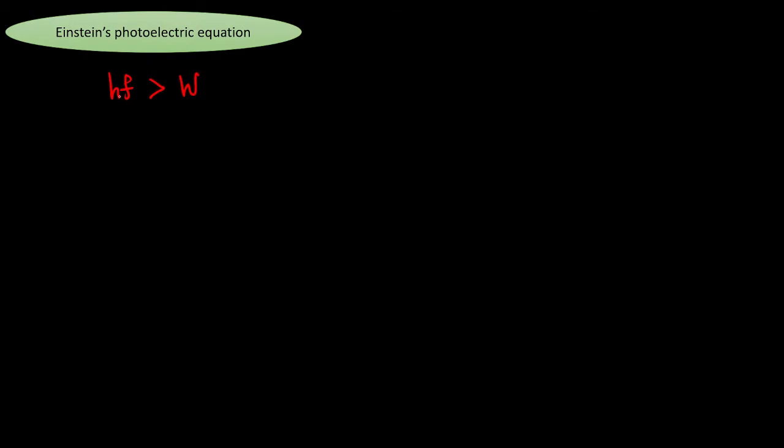So hf equals, now, this hf will be used to overcome the work function of the matter, and the extra energy left behind will become the kinetic energy. This kinetic energy will become the maximum kinetic energy for a photoelectron to be emitted. So when hf is greater than your work function, then your electron will move.